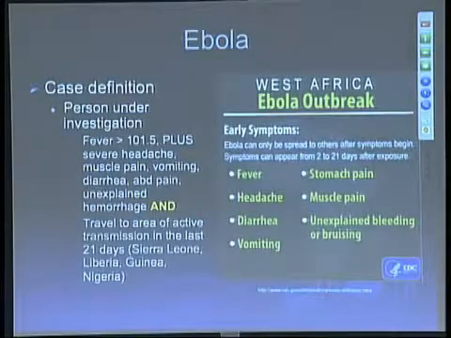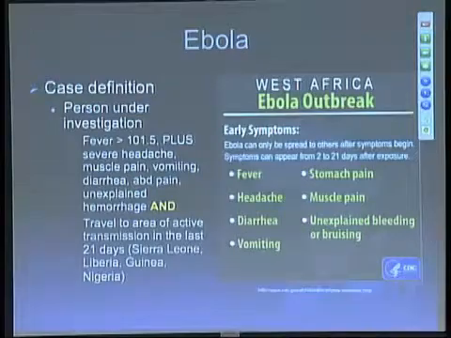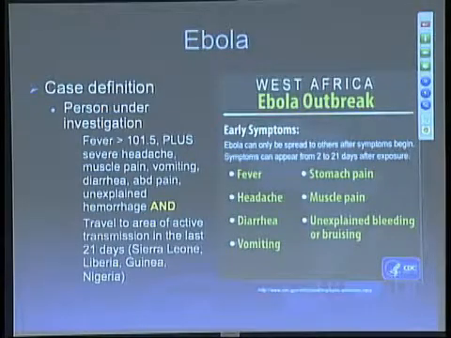Now, I think it helps, no matter how we work out the information system to EMS. I mean, let's face it, you guys are not at risk except in that very rare case where you might be called to transport a patient from the airport who comes in sick or who becomes sick after arriving back from West Africa.